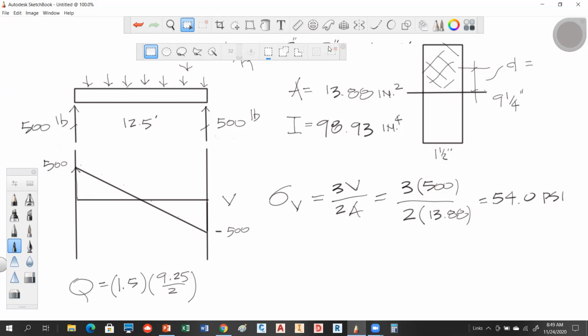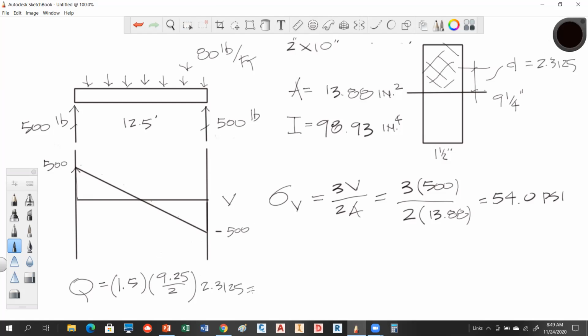Okay, there we go. All right, so what did this turn out to be? 2.3125. Yeah. All right, good. So down in here, we have area times that 2.3125, and that gives us that static moment of area.